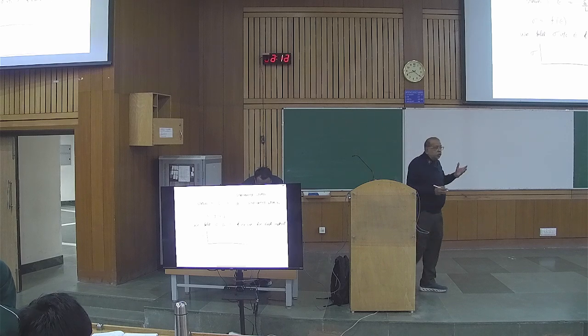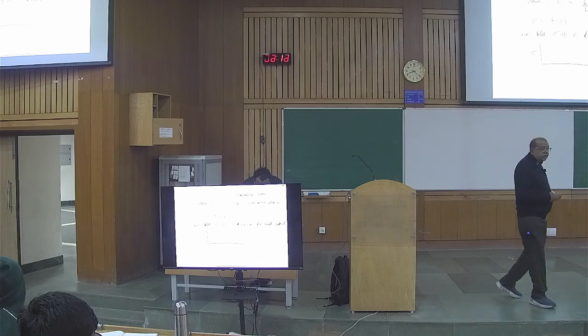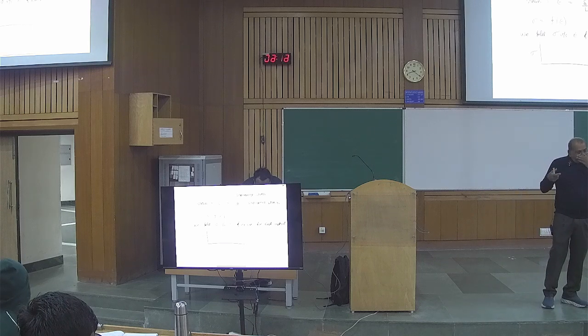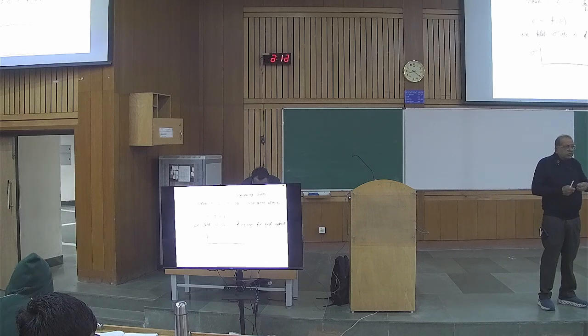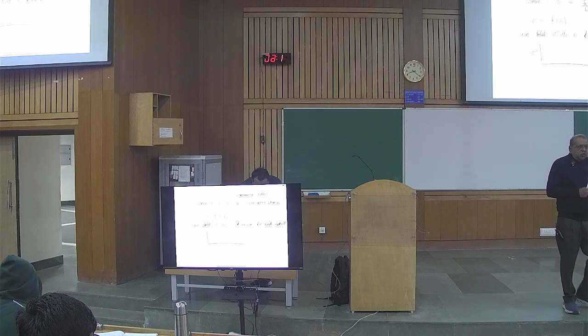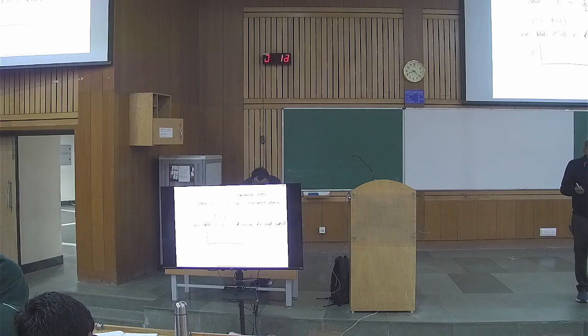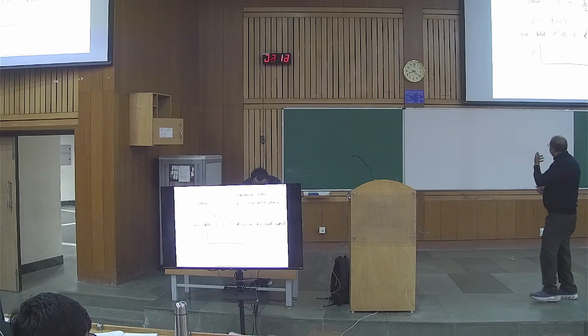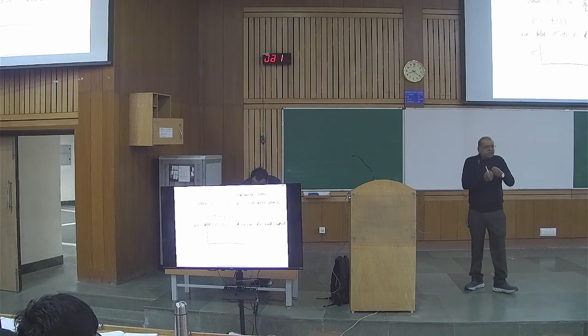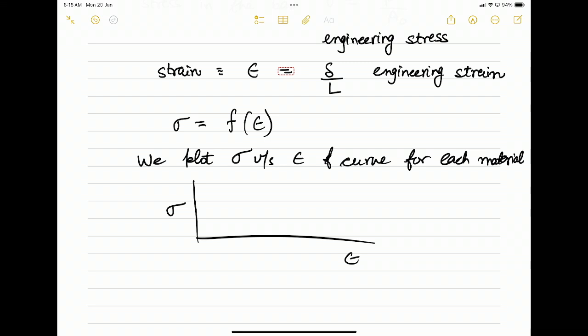Now, of course, to do this, you will need some sort of instrumentation, and we will discuss that in a minute. There are particular tests which you do, and I don't think any of you will be doing any lab in solid mechanics or fluid mechanics. There are machines called the universal testing machine, where you have a specimen, which is an elongated specimen.